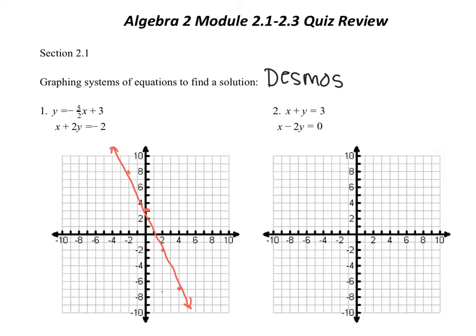Okay. The second equation, x plus 2y equals negative 2. It's going to have a y-intercept of negative 1 and a slope of negative 1/2, which is down 1, right 2.